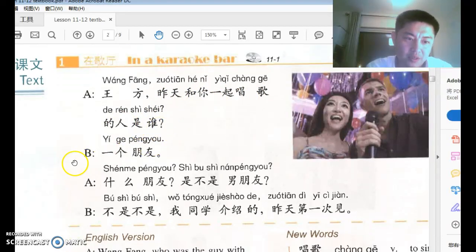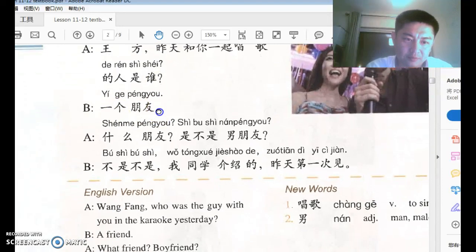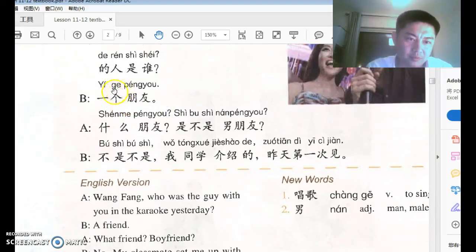Who is the person? B says 一个朋友, a friend. Measure word. And A says what friend? 什么朋友? 是不是男朋友? 是不是, be or not be? Boyfriend, male friend, 男朋友. 男, remember this word?